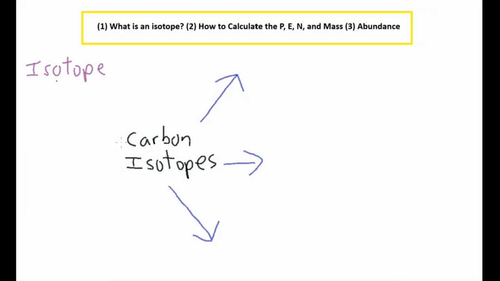Isotopes are atoms of the same element that have the same number of protons, but a different number of neutrons.